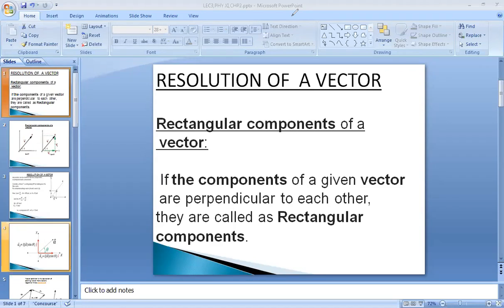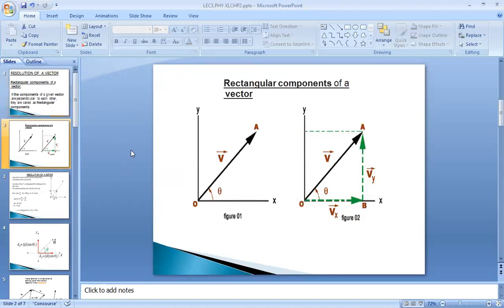To see more clearly, you can see this slide, in which a vector v makes an angle theta. You can say it's a force F that acts on a body, or it's a displacement, moving with respect to the x-axis at angle theta.